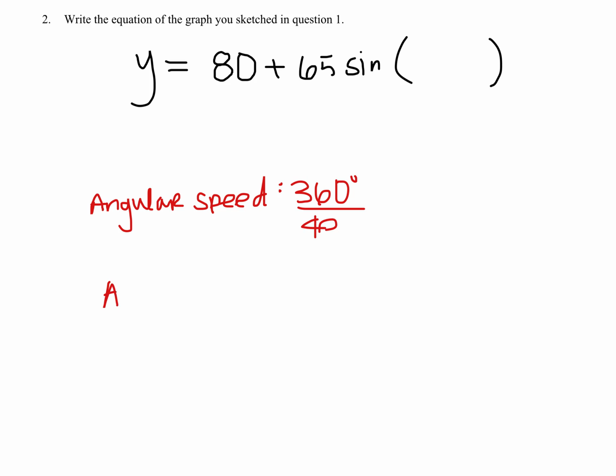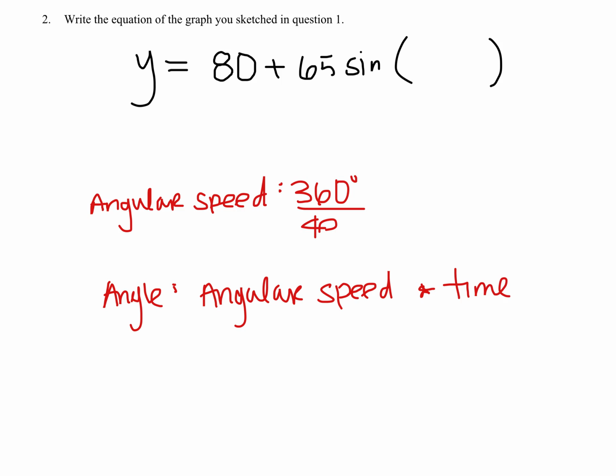So the angle was angular speed times the time. So I can put in my equation, angular speed is 360 over 40 times t.